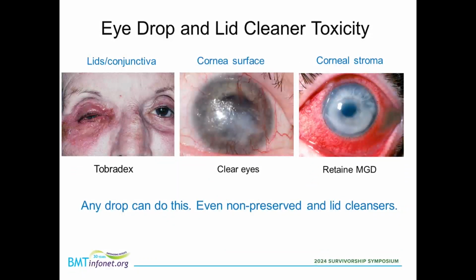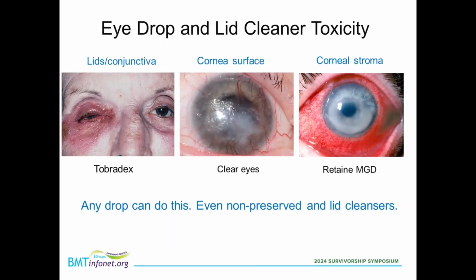Eye drops and lid cleaners are pushed a lot in this disease and other dry eye diseases. And you have to understand that all these drops, even though they're over the counter, have potential toxicity. This even goes for the non-preserved ones. I'm just going to show you a few examples here of patients I've had. The one on the left has inflammation around the eye.